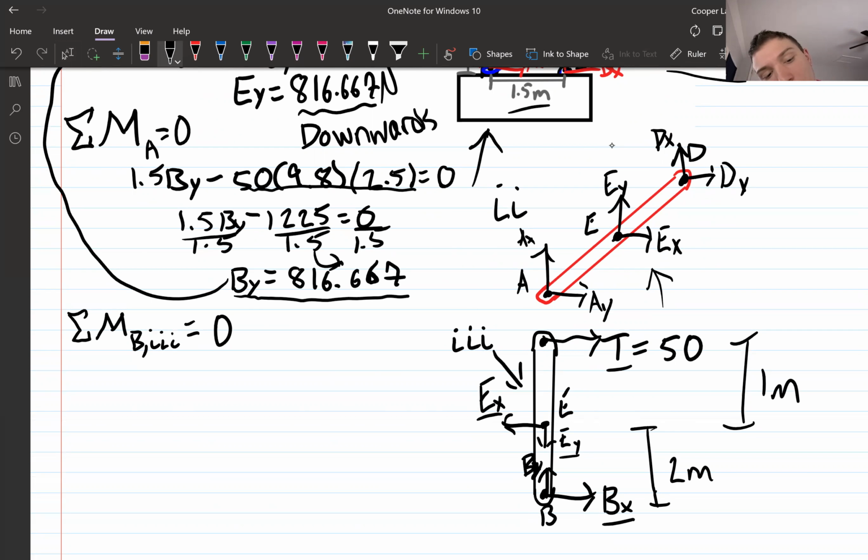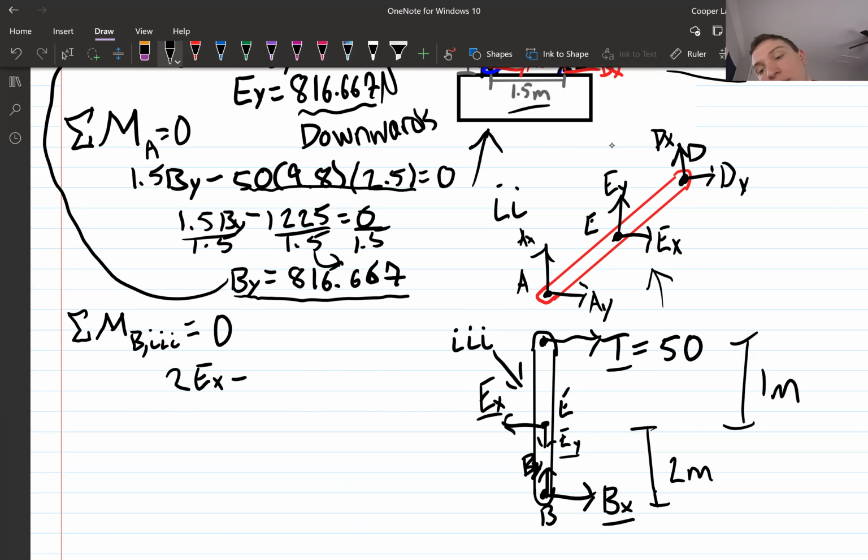I'm going to do my distance from the point where I'm taking my moment from times my value of E sub x. And because that's creating a force in a counterclockwise direction, that's why it's positive. Now my tension is going to be in a clockwise direction.